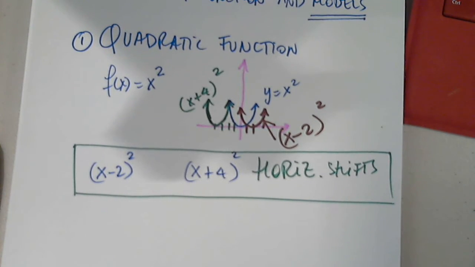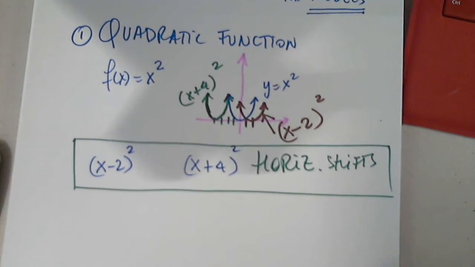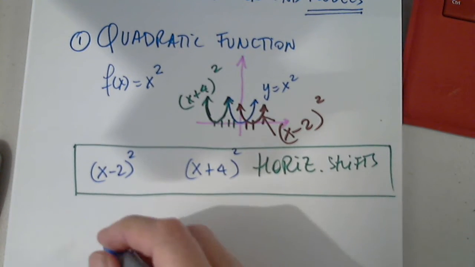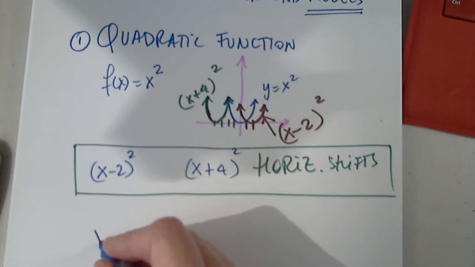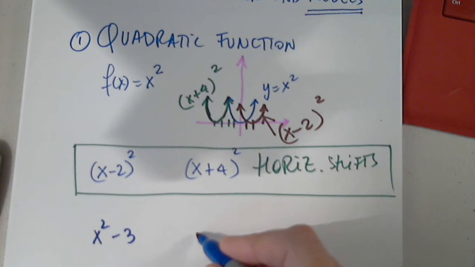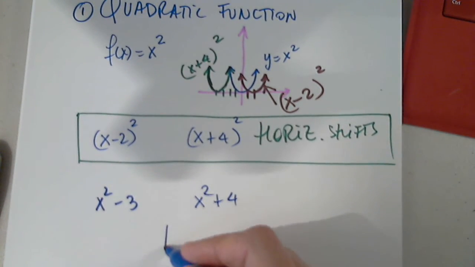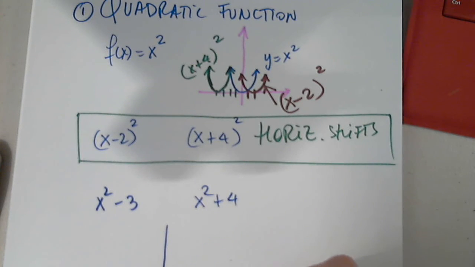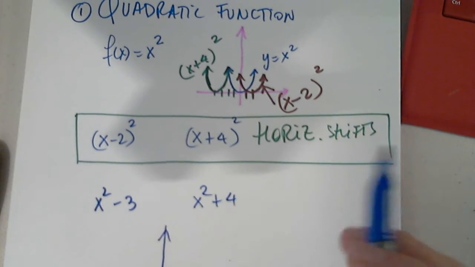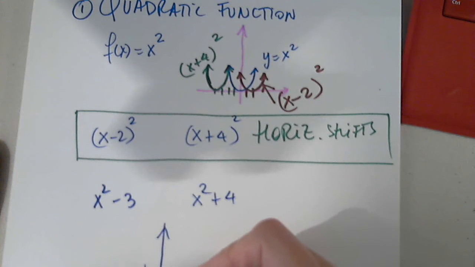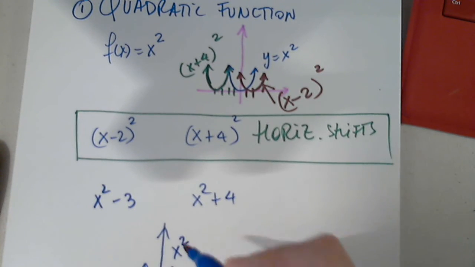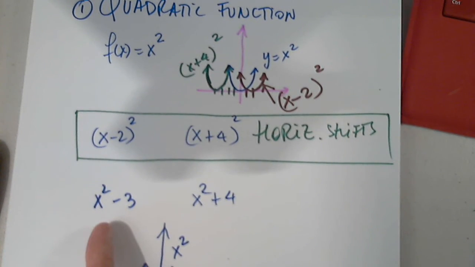Okay, we also have vertical shifts. If I want now to graph, let's say, x squared minus 3, or x squared plus 4, here's what's going to happen. I still graph what is called the base function, which is x squared. And this is a vertical shift of 3 down.